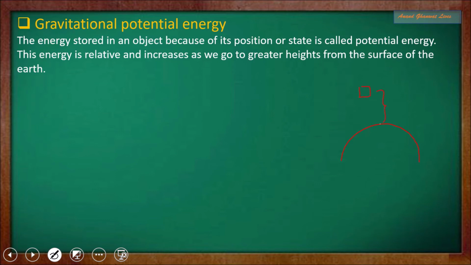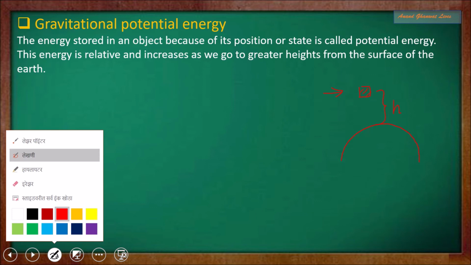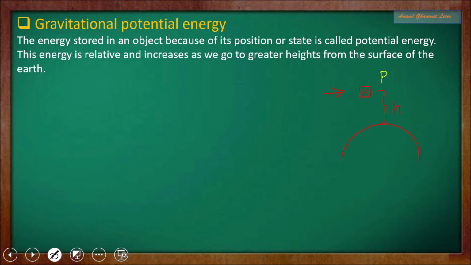So object is at height h from the earth's surface. Now this is the position of that object, or this is the state of the object, and due to that position, due to that state, a certain type of energy is stored into it, and that energy is called potential energy.